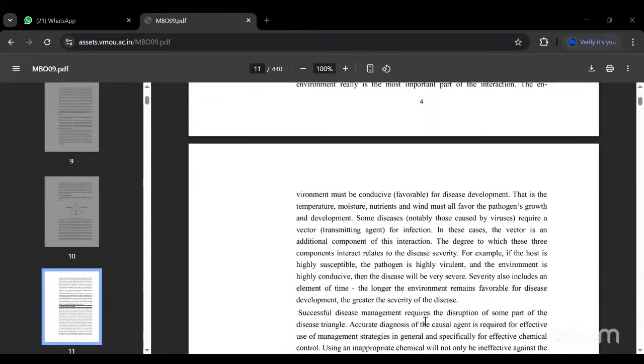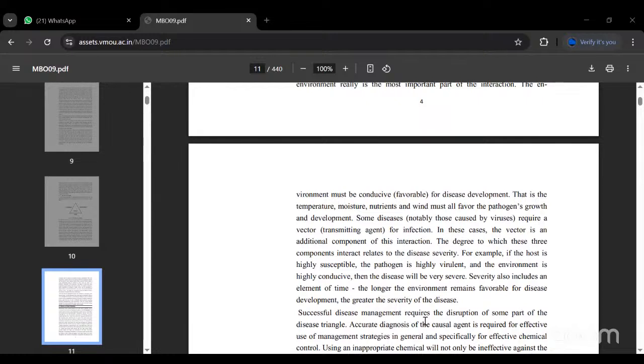The degree to which these three components interact relates to the disease severity. For example, if the host is highly susceptible, the pathogen is highly virulent, and the environment is highly conducive, then the disease will be very severe.